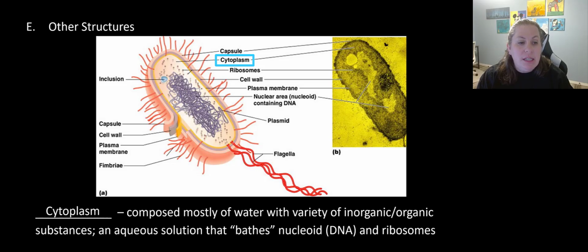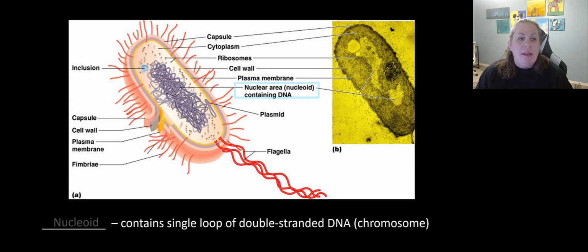We also see that it is an aqueous solution, so it has a lot of water that bathes the DNA area called the nucleoid and the ribosomes, which look like those little sprinkles inside of the cell. Now the nucleoid, remember, is the area that contains the single loop of double-stranded DNA, and that's called the chromosome. So the nucleoid area is going to be containing the chromosome.